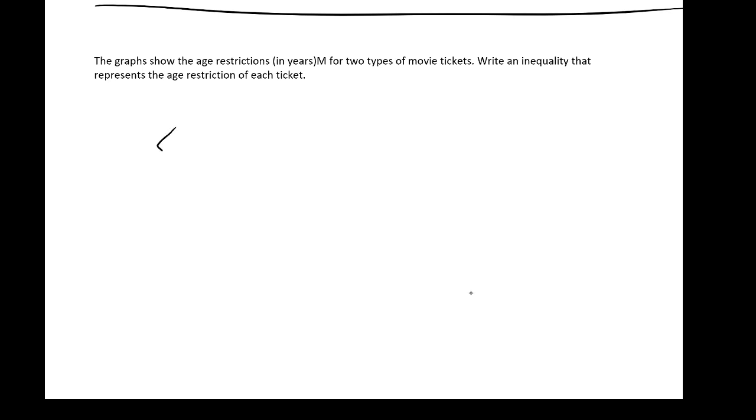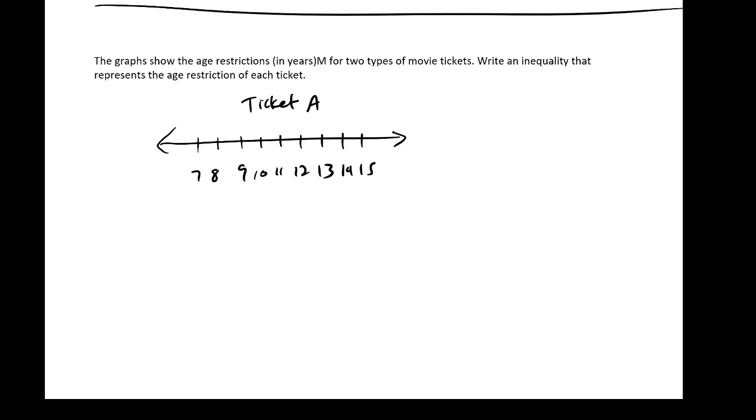Okay, so here are our graphs. Here's one, and it's got 1, 2, 3, 4, 5, 6, 7, 8. So it's got a bunch of tick marks here, 7, 8, 9, 10, 11, 12, 13, 14, 15, right? This is called ticket A. It's the first type of ticket. There's going to be an open dot here, shaded to the left, including that arrow.